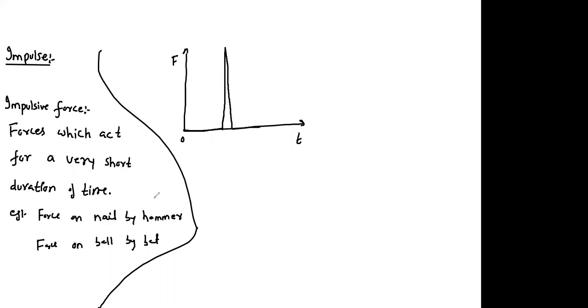This is what happens in case of hammer. Before the hammer strikes the nail, the force is zero. The moment this hammer strikes the nail, force increases from zero to maximum value. And again, when you remove this hammer, the force again reduces to zero. So this particular time of contact is very small. This is the impulsive force.